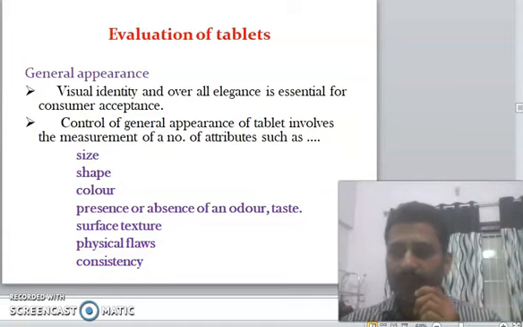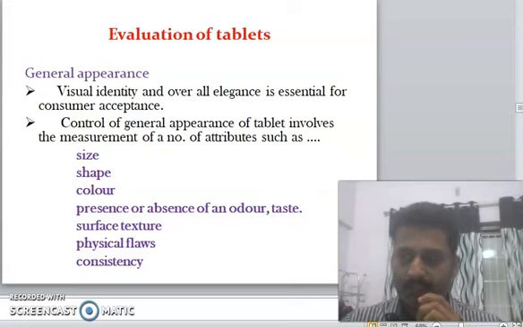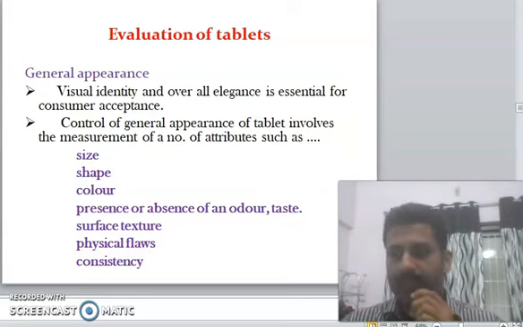Pharmacopoeial or official tests are called official because the test methods are described in official compendia like the United States Pharmacopoeia, National Formulary, Indian Pharmacopoeia, British Pharmacopoeia, etc. They are standardized test procedures which clearly state the limits within which tablets could be accepted.